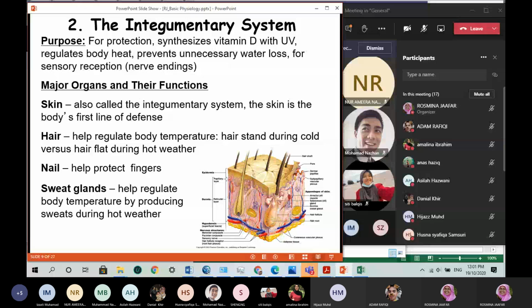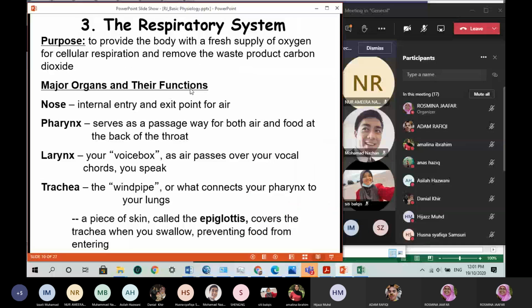Okay, then the third organ system is the respiratory system, which is very important. It provides the body with a fresh supply of oxygen for cellular respiration, and it also removes the waste product, especially carbon dioxide. And the major organs of the respiratory system comprise the nose, the pharynx, larynx, and trachea. All those are a piping system that brings the air from the external to the internal respiratory system, which is your lung.